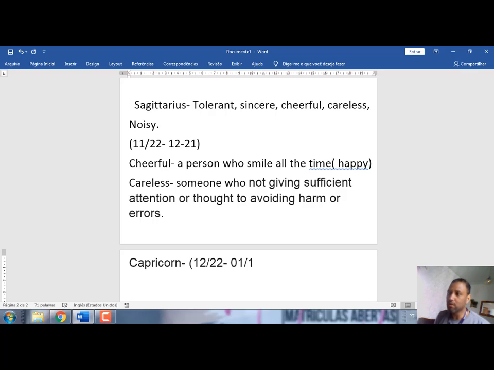So energetic, brave. The same as in Portuguese, if you think of brave, a very tough person. Selfish, guys. What does selfish mean? Selfish is a kind of person who doesn't like to give anything to anyone.